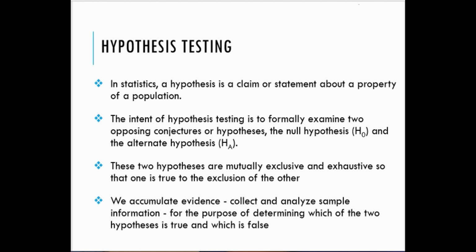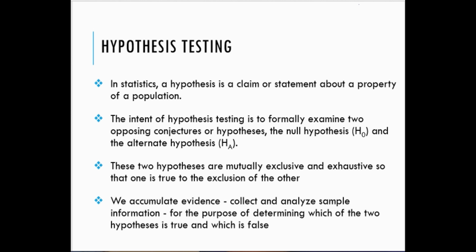But basically the null is the status quo, or what without any evidence you can say, or even if you are making a statement about the state of the world, that can also be a null hypothesis. And the alternate hypothesis is everything but the null. And these two hypotheses are mutually exclusive and exhaustive.